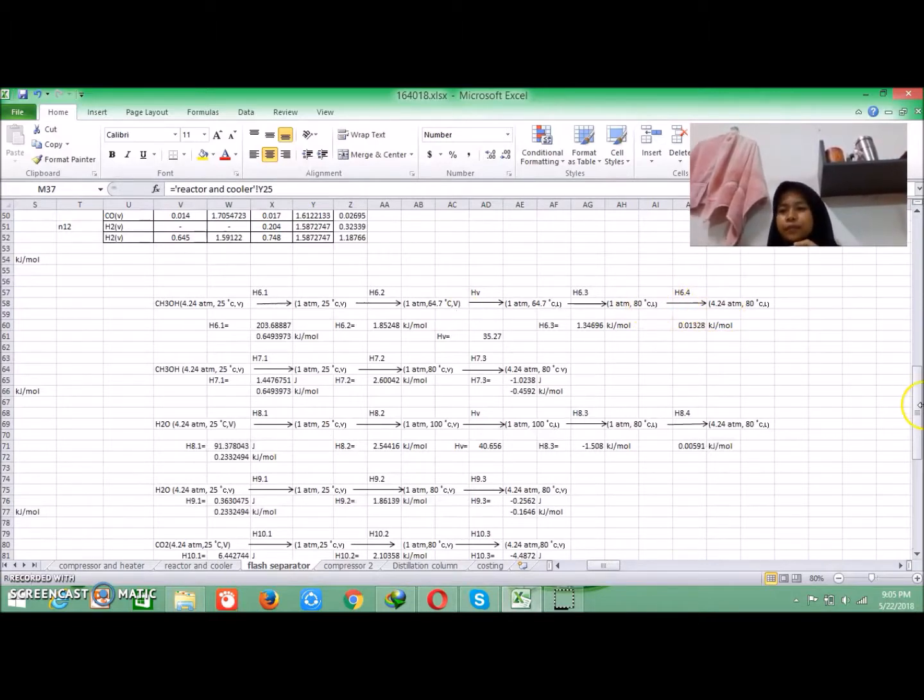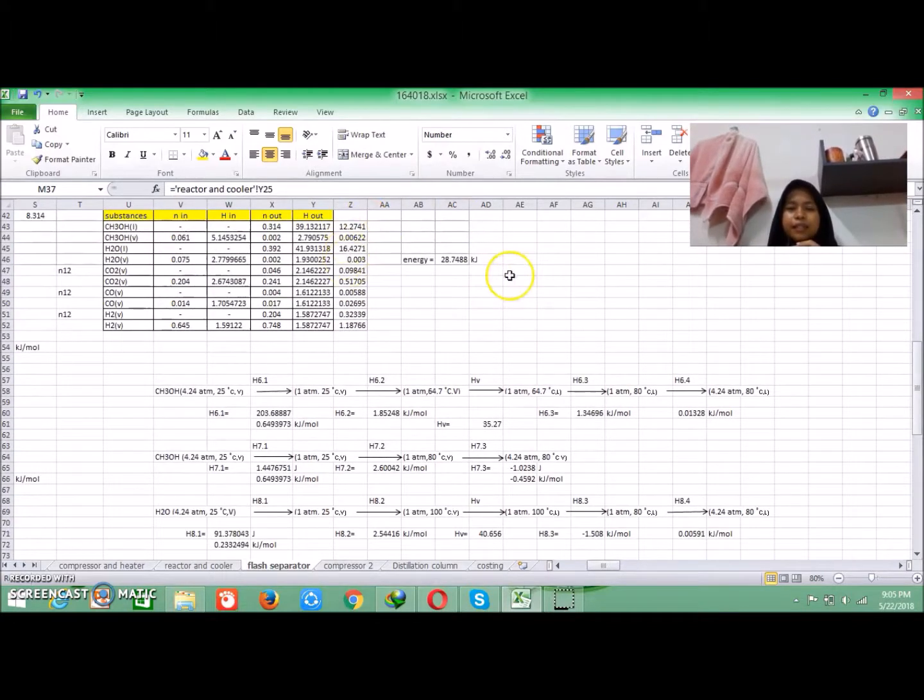Okay, these are all the same. So this is the energy balance. Basically, we have to divide mole and the enthalpy change, and then sum all of it minus the inlet stream.